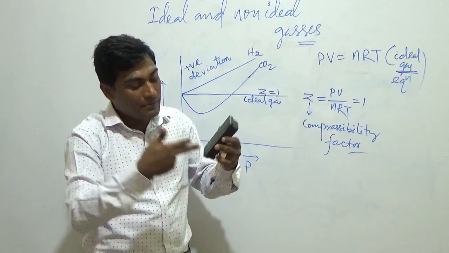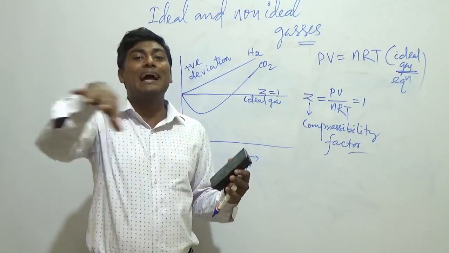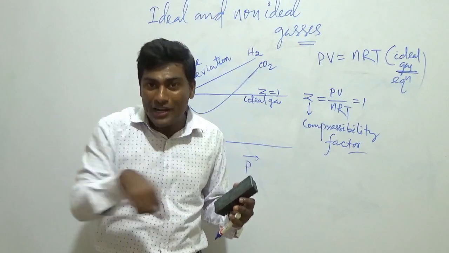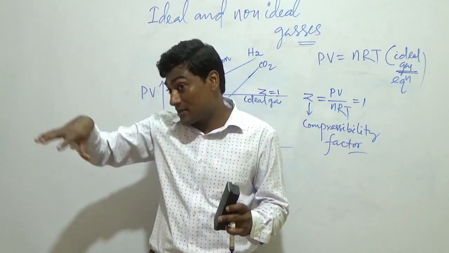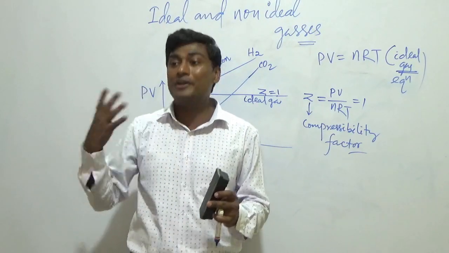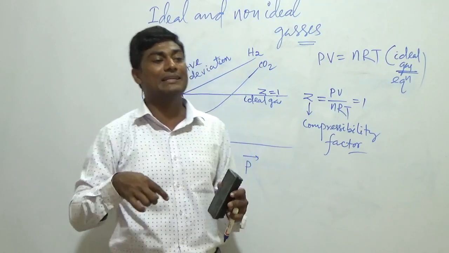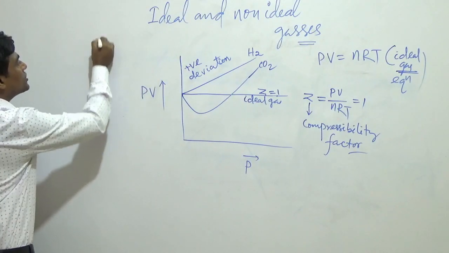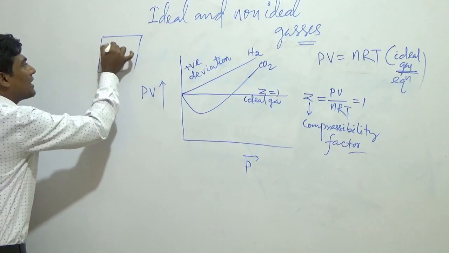In an ideal gas there is no attractive force nor any repulsive force. So since in case of an ideal gas there is no attractive nor repulsive force, and this repulsive force is dominant in case of hydrogen, what happens? You consider a box here. Say these are the ideal gas.